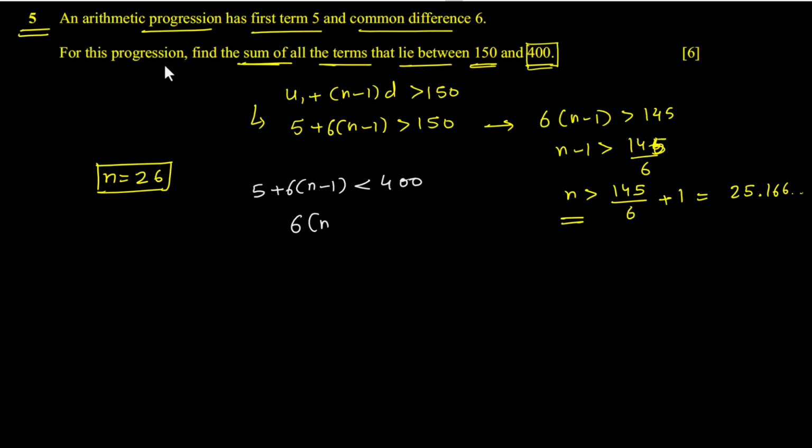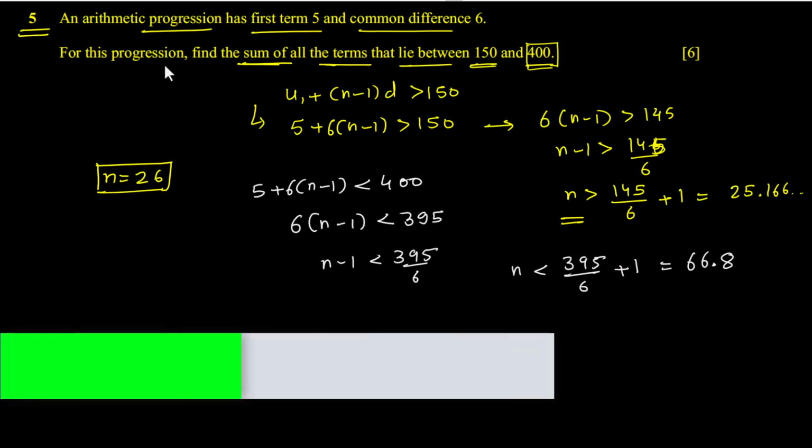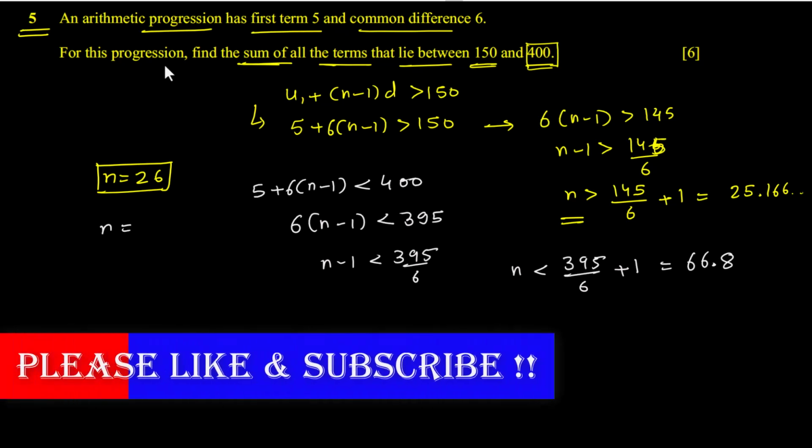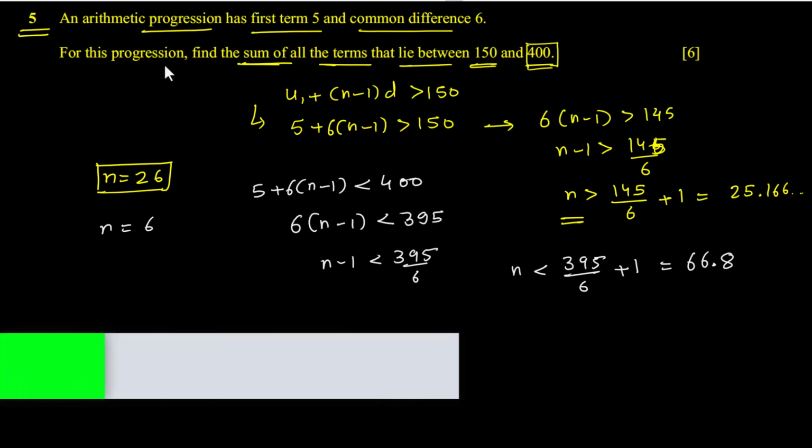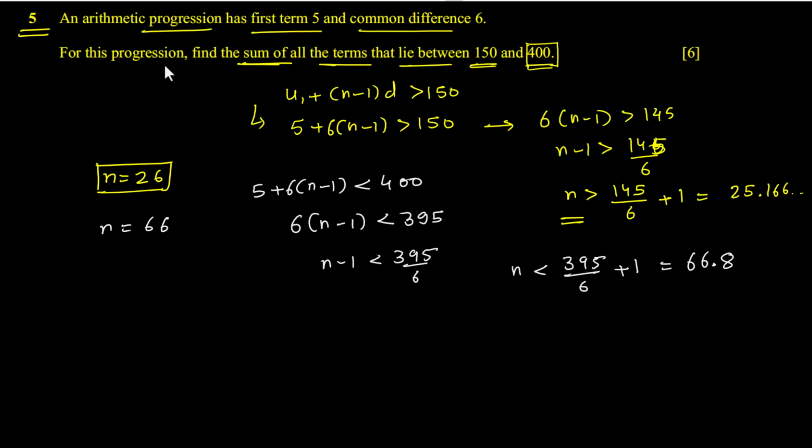So 6 times n minus 1 is less than 400 minus 5, which is 395, and n minus 1 is less than 395 over 6. N has to be less than 395 over 6 plus 1, which is 66.8, hence n should be less than that. So the last term is, of course, it has to be 66.